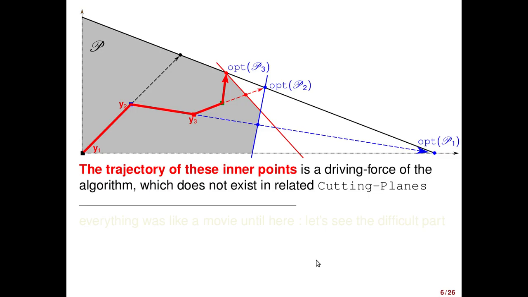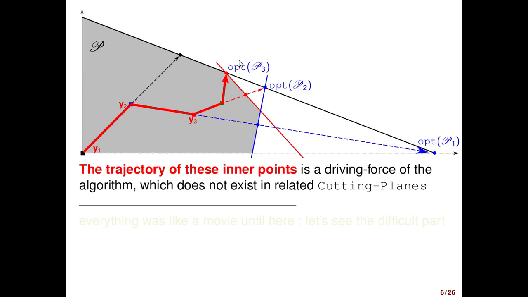At the same time, I have the blue outer points that converge with the red ones, if you want. The trajectory of these inner points are a driving force of the algorithms, because they are seriously taken into account when finding new facets.